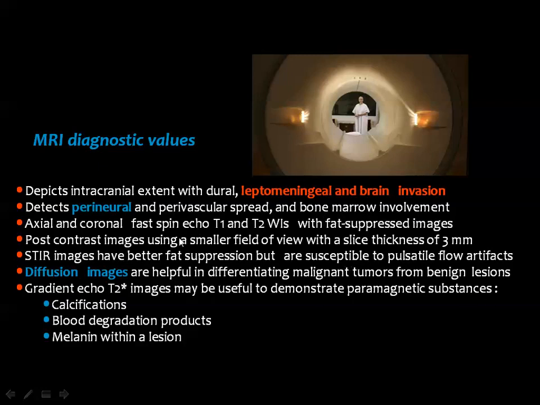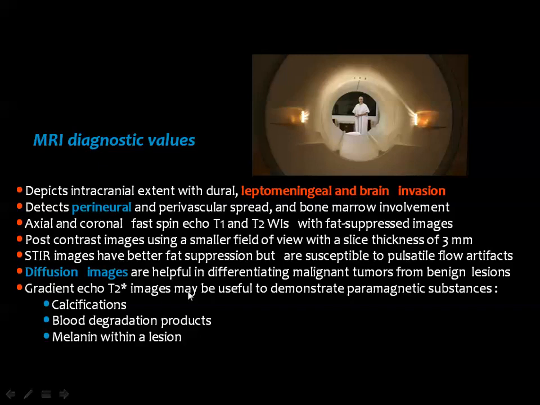Usually, we use the T1 and T2 weighted images supported by the fat suppression technique, and the slice thickness is in the range of 3 millimeters. The STIR images are helpful in fat suppression to see some of the bone marrow lesions in this area.